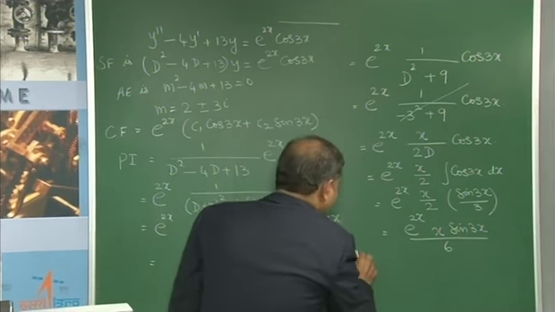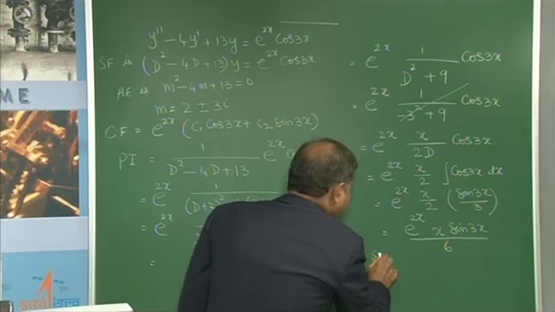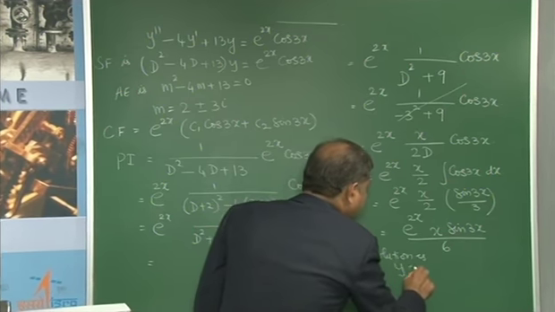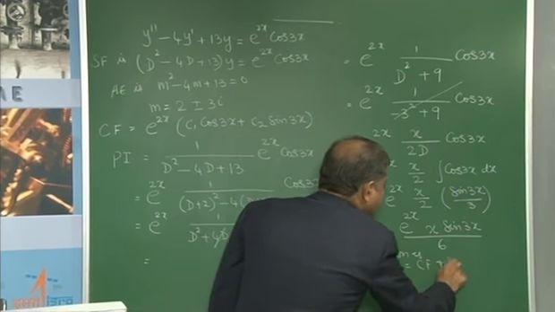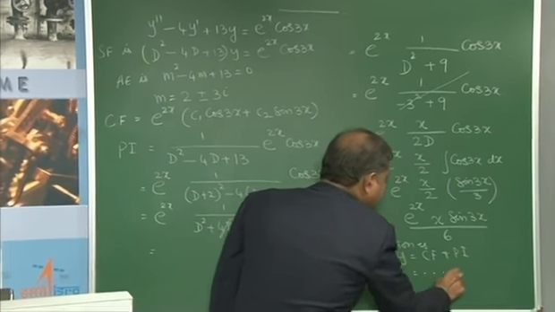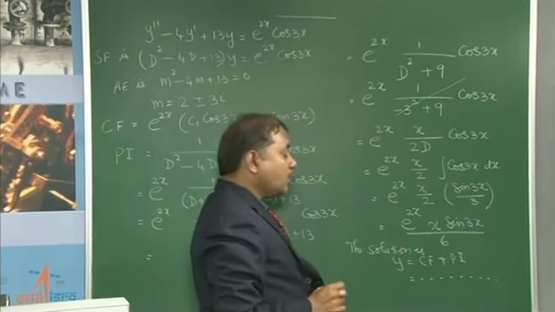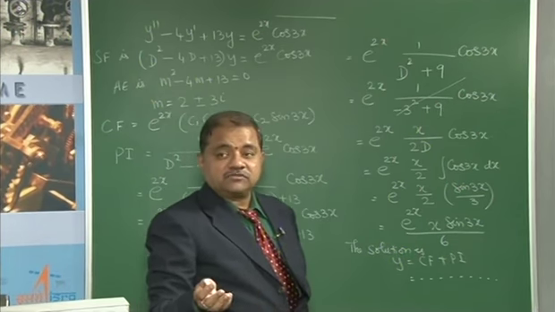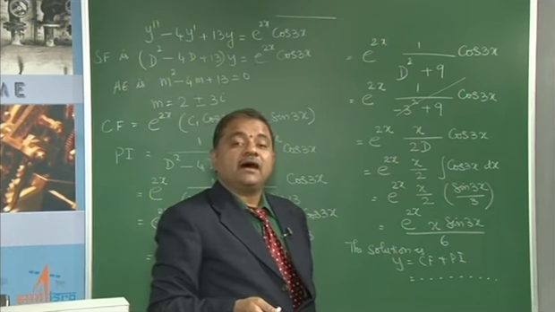So, the solution is y is equal to CF plus PI. I am showing just 1 or 2 examples of type 2, type 3. In the first one, it doesn't become 0, directly we got the answer.